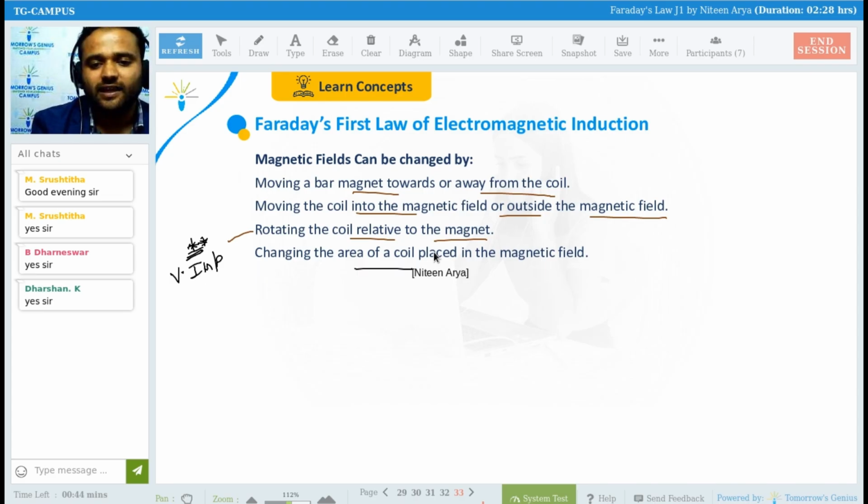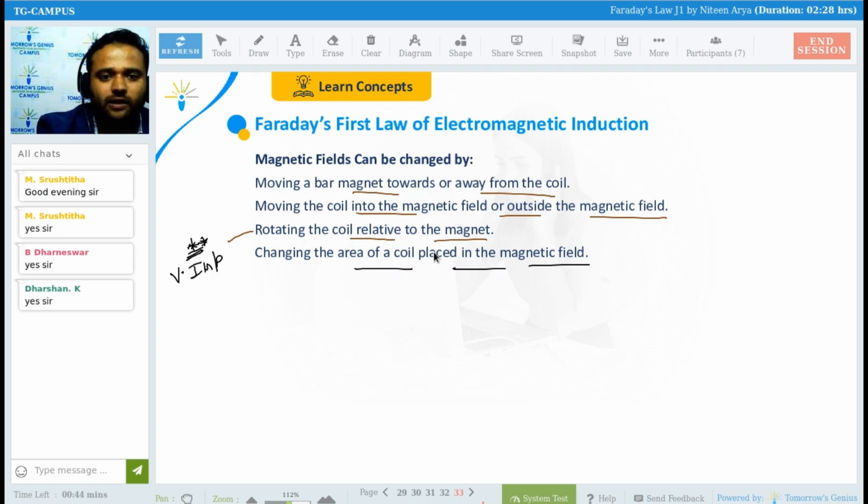Okay. Changing the area of a coil placed in a magnetic field. Why does changing the area also change the flux? Because flux is related to three quantities. By rotating, we are just changing theta. By changing the area, we are changing the area.